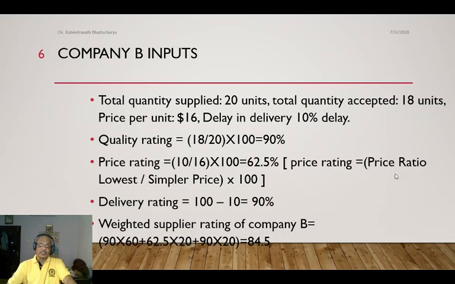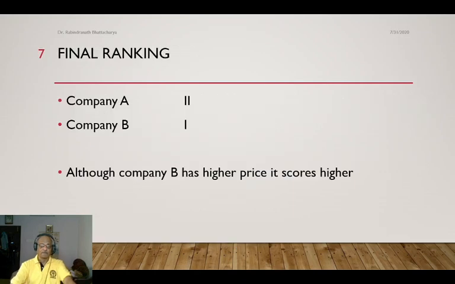So price rating is equal to the lowest price divided by the supplier's price, and delivery rating is 90%. If we multiply, we get a figure of 84.5. So from these figures, we can easily say that B is a better supplier. His ranking is number 1, and company A has got number 2.